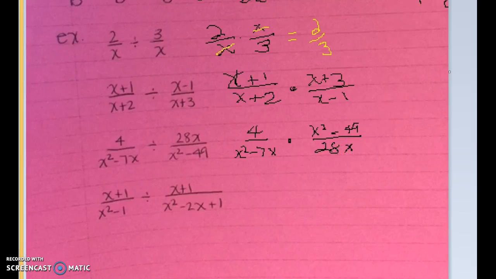Hopefully you see that there are some factors in here that we can do. This x squared minus 7x has a GCF of x, so we can take out the x and that would leave us with x minus 7. Sorry, that's really sloppy. In the numerator over here, that's a difference of squares. Hopefully you saw that as well. So this would become (x plus 7) times (x minus 7).